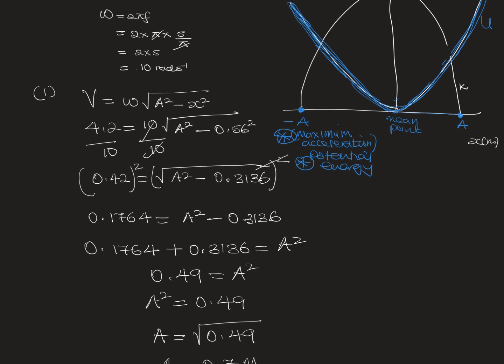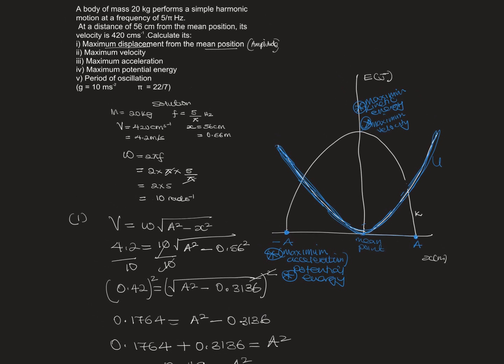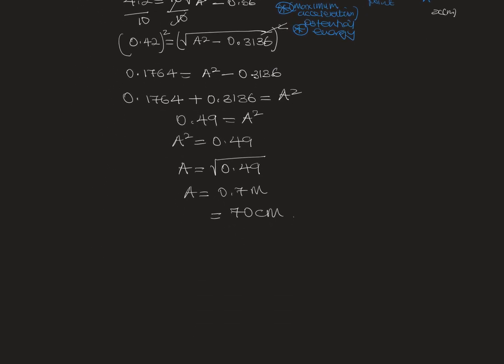All right, moving on. We want to find the maximum velocity. The formula for maximum velocity is Vmax equals omega A, the angular frequency multiplied by the amplitude.